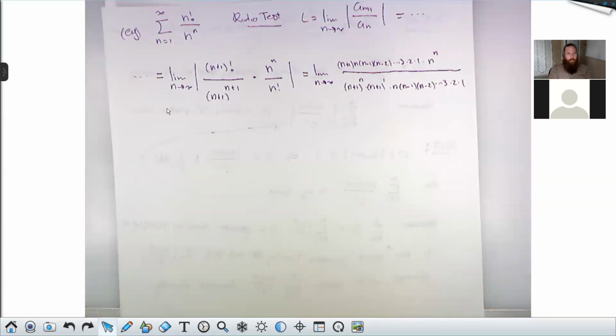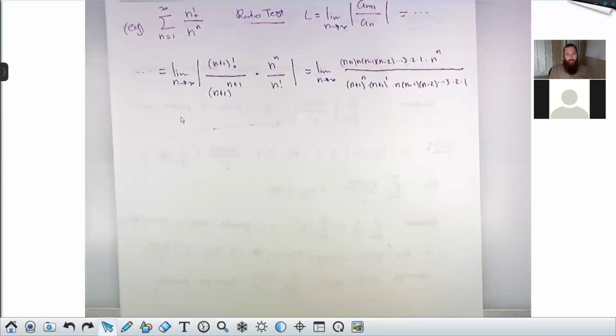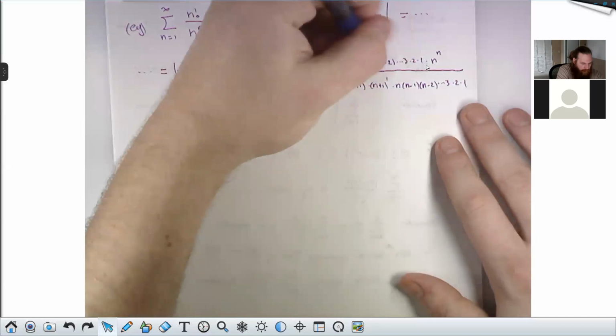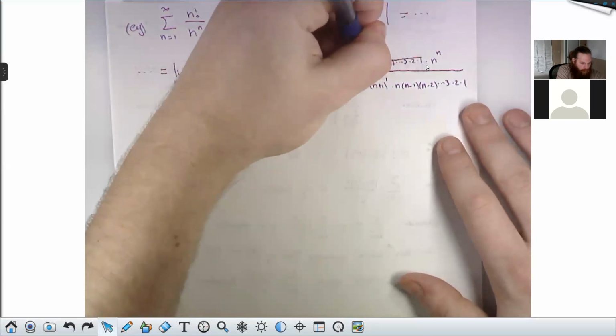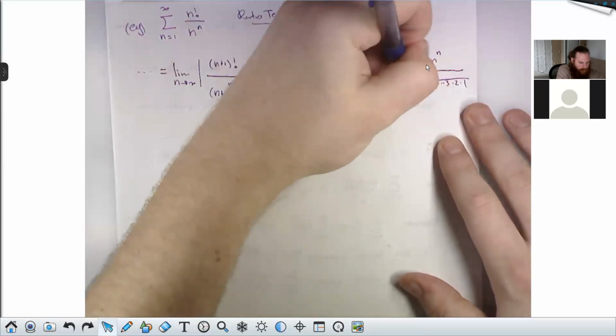So if you start looking around here for things that cancel, I've got this n factorial product here, and I've got that same stuff showing up here inside of (n+1) factorial. So these all cancel with these.